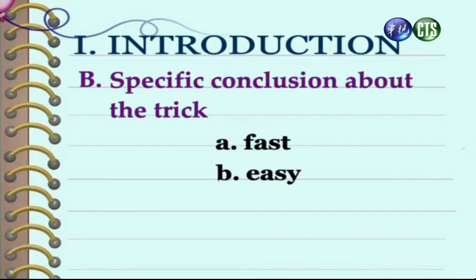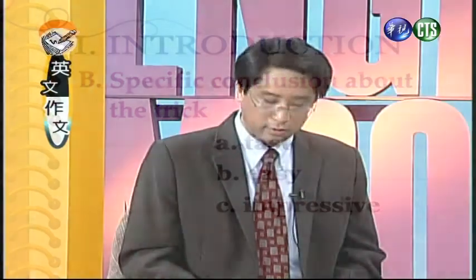And so basically, this conclusion to the introductory paragraph tells us our overall opinion of the trick without explaining each of the steps that you need to know in order to do the trick.